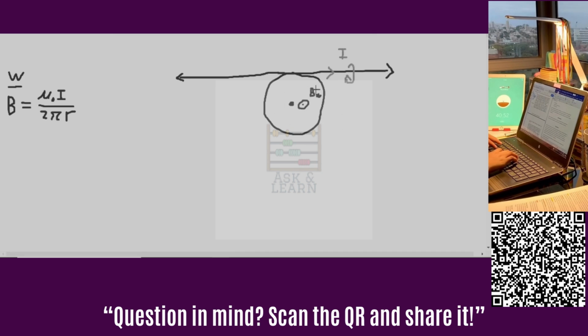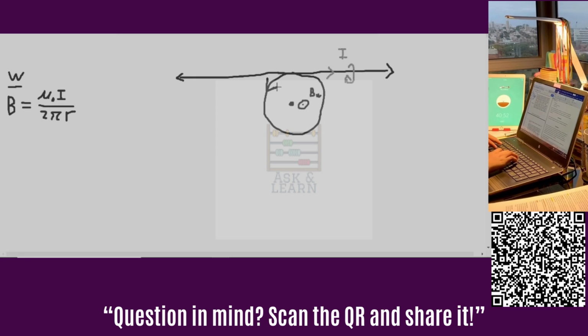Now we have the loop here. If we had the current in the loop going the same direction as the wire here, this would create a magnetic field in the same direction, going into the page. But we're told that the magnetic field is 0, which means it has to be going in the opposite direction.